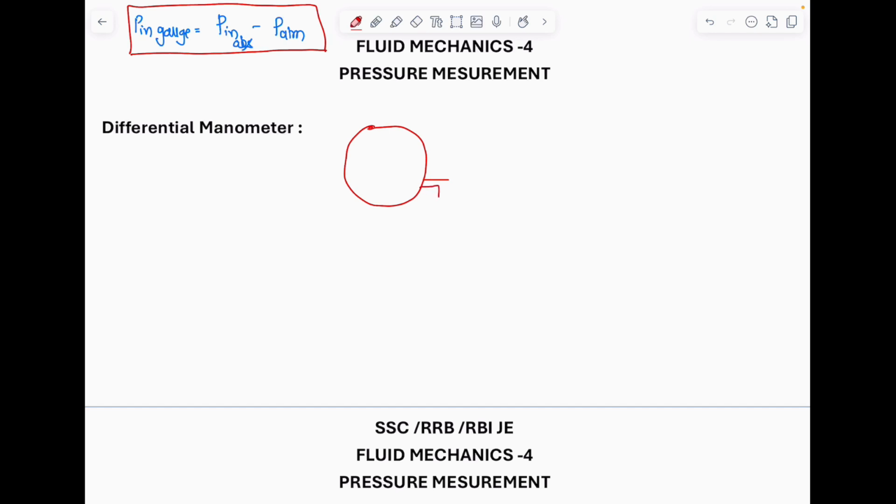to which a manometer is connected like this. Please forgive me for the way I draw the diagram. Sorry, not this way.